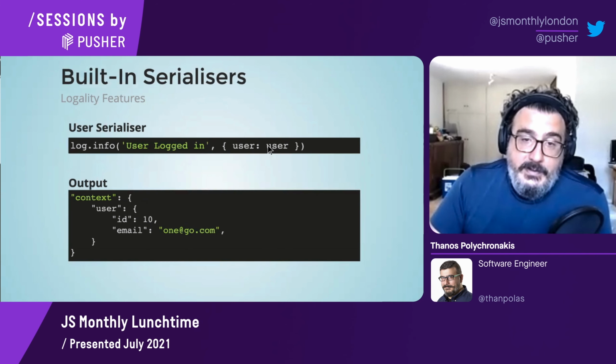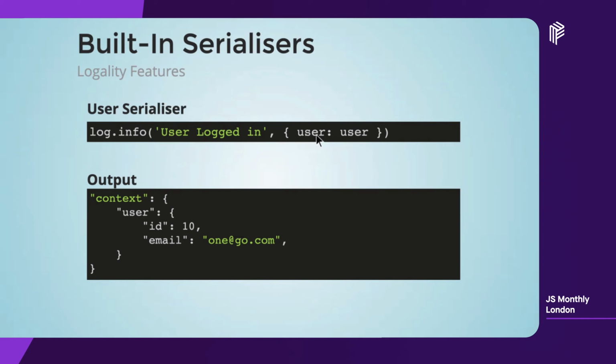For instance, this is a built-in serializer, and this is a user serializer. Whenever you input a user key with an object on the built-in serializer, this is what it will do. It will extract the ID and the email.